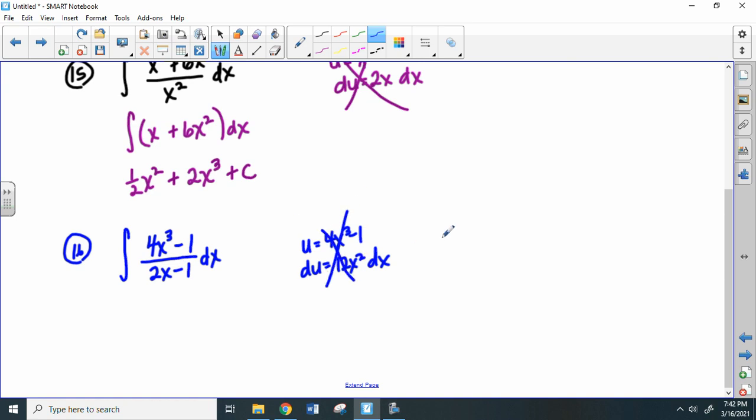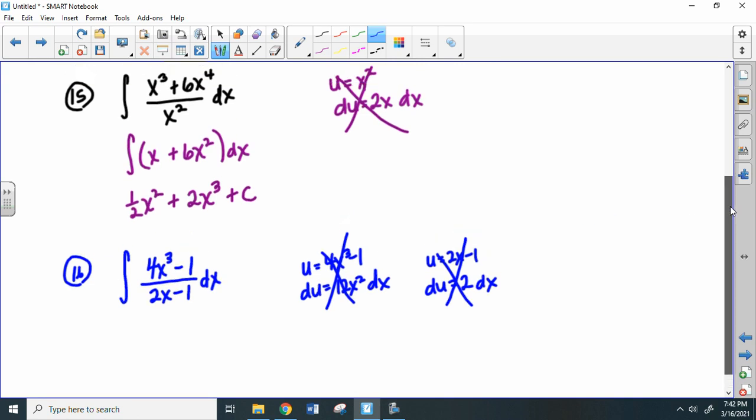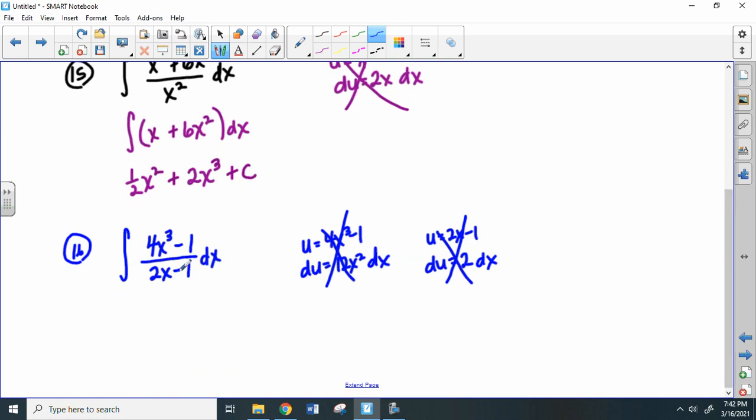So then maybe you say, well, maybe the bottom is u. Well, then du would be 2 dx, and you have way more than that going on top. So how on earth am I going to do this problem? Well, similar to the last problem where we divided to simplify it, you're going to have to divide this.